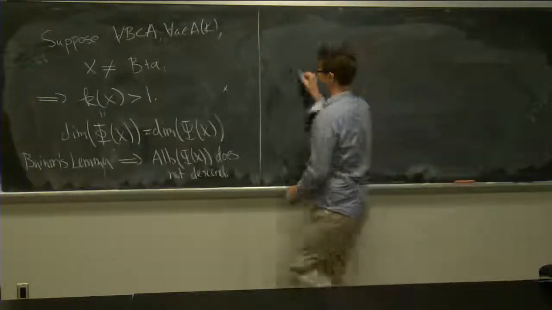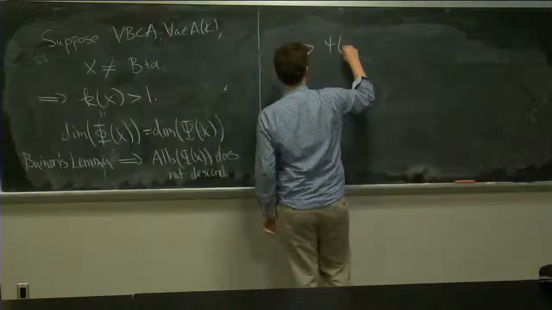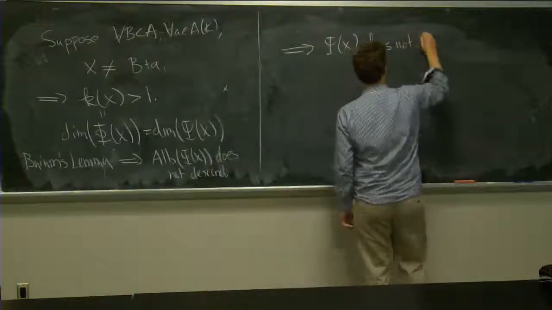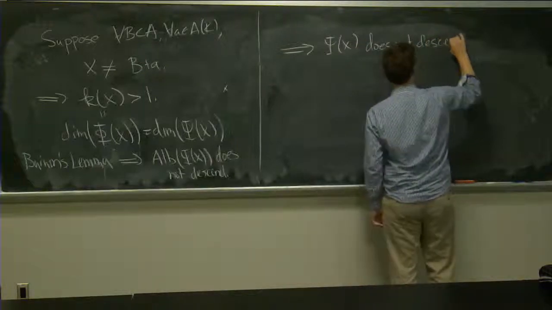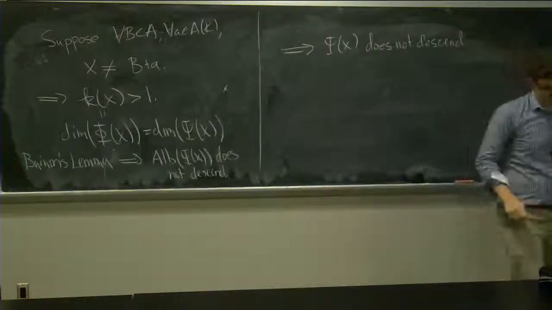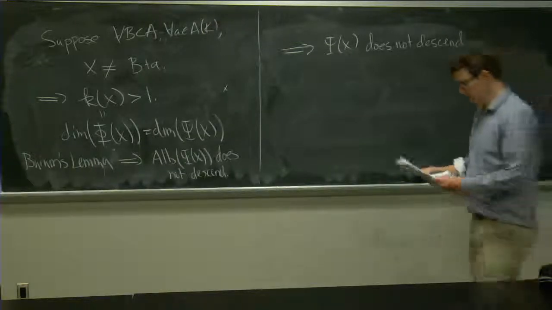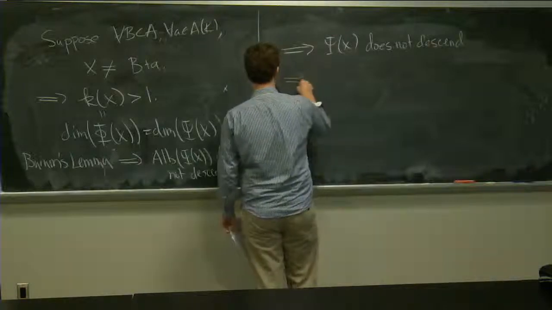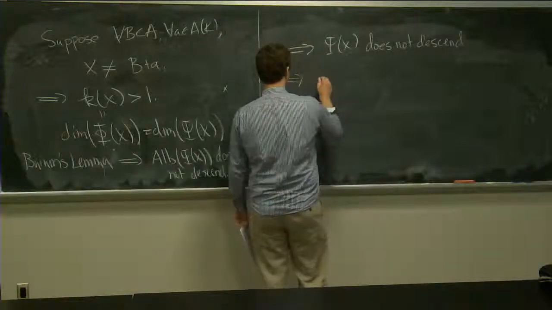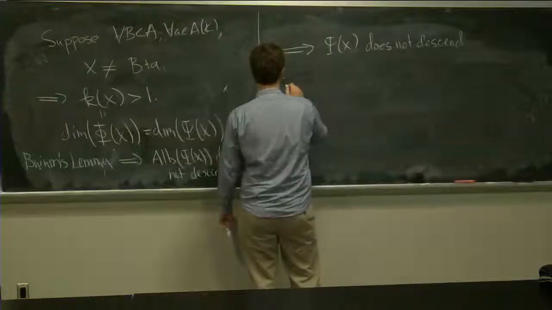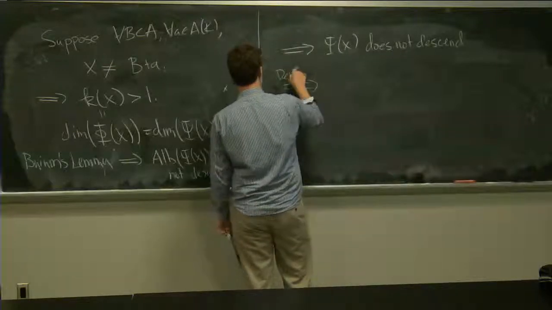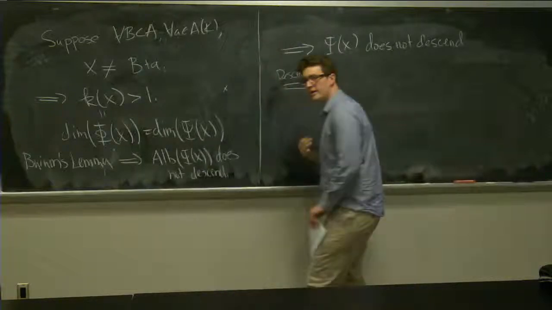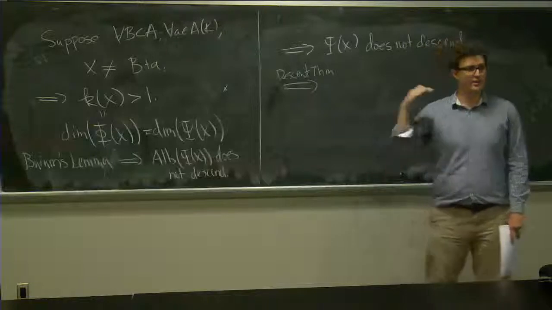So this implies it does not descend. So in particular, by the descent theorem, this is the trick where if you're dominated by a Moishezon kernel, then you descend.